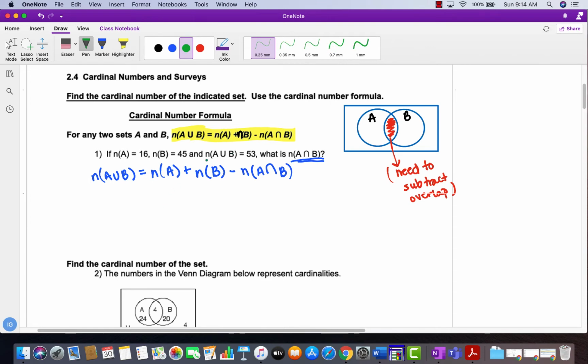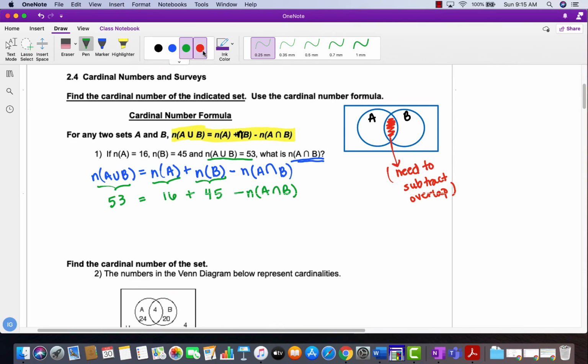So notice they give you the number of elements of the union. So this here is going to be 53 equals, they give me the number of elements of A, which is 16. So I'm going to put 16 here, plus, they do give you the number of elements of B as well, so that's 45. And then minus, this is what I don't know. This is what I need to find. So I'm just going to recopy this.